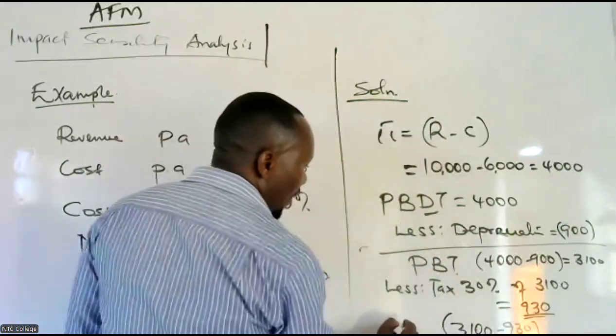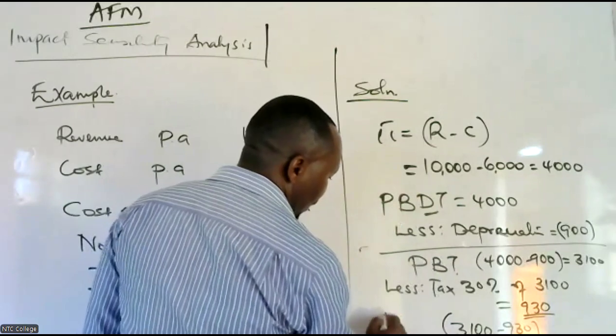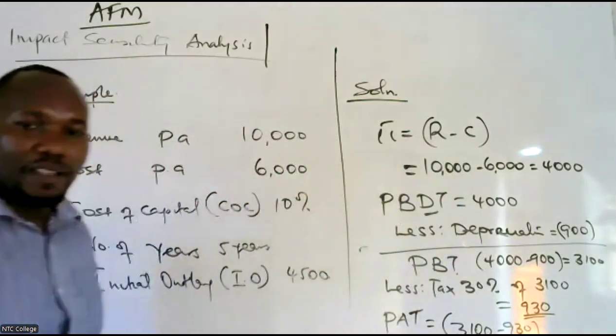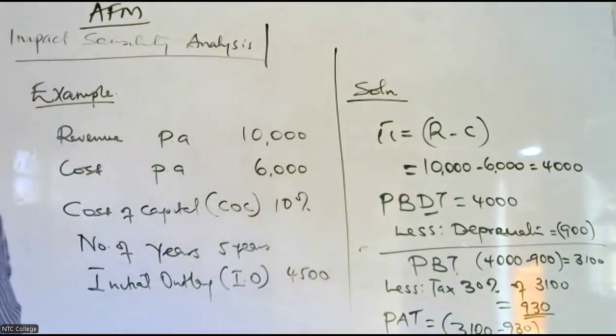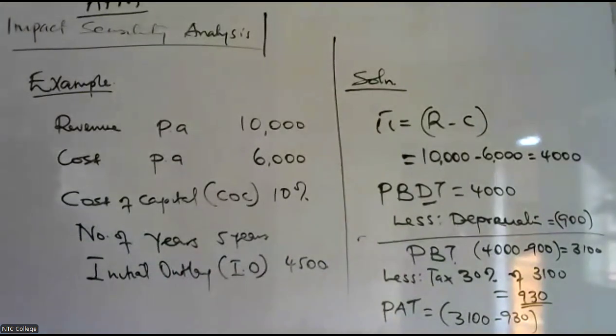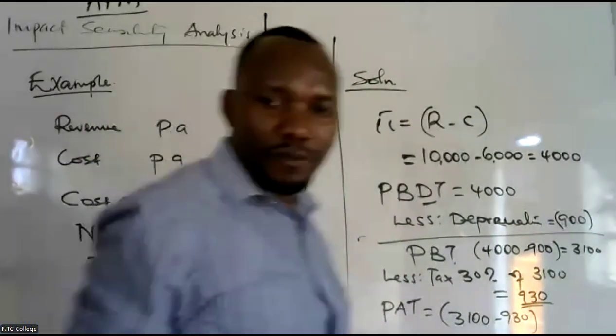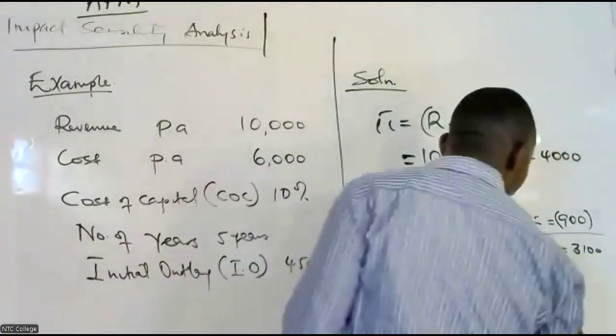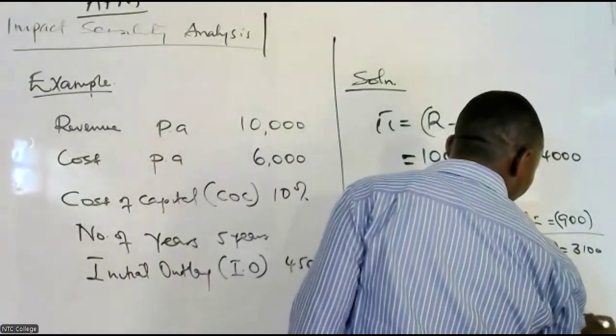That will now be the profit after tax, which you call PAT. What will be the figure? Profit after tax? 2,170.